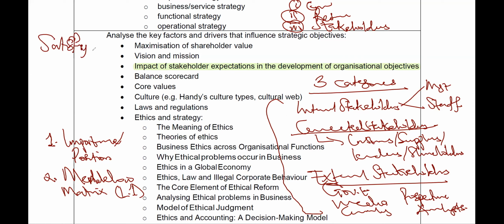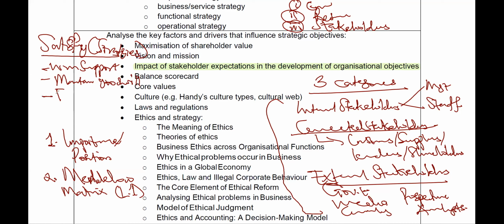So the satisfaction of the stakeholders requires some strategies, right? There are some stakeholders who do not support you. You have to win their support. This is one of the strategies. There are some stakeholders who are already supporting you, so you make sure you do not spoil the relationship. You maintain goodwill with those stakeholders. There are some people who are so difficult to deal with. These people, we try to find a compromise with them, right?